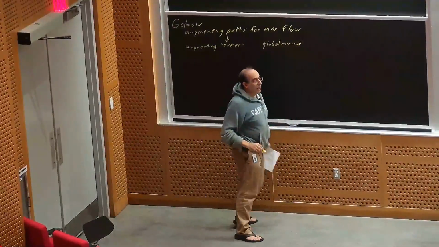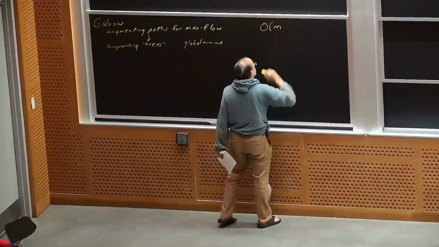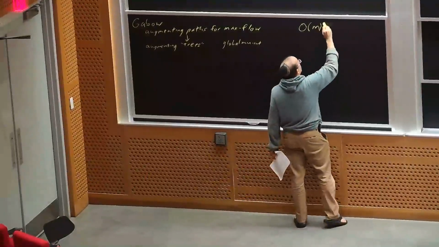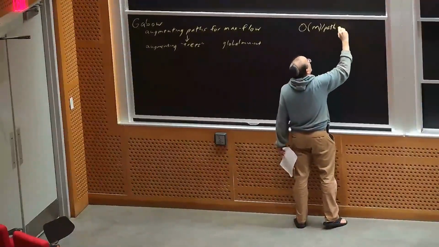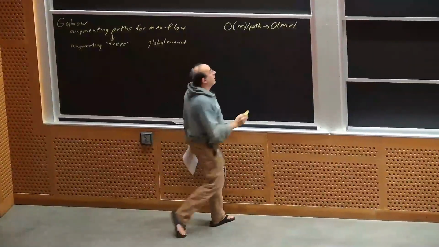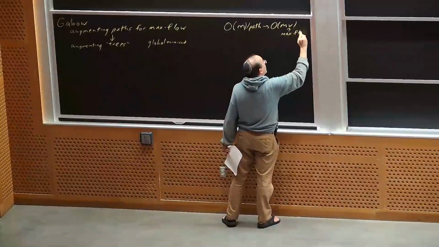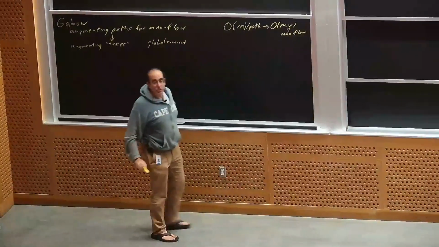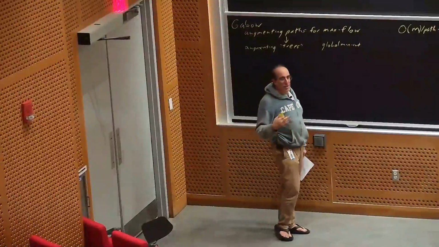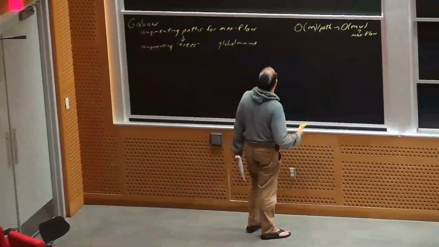The natural augmenting paths algorithm, which most of you have seen before, takes order m time per path, which means that it takes you order m v time to find a max flow of value v. And of course, when you find that max flow, when you get stuck, that reveals the minimum s-t cut in that graph, which is the reason that you can't find another path.